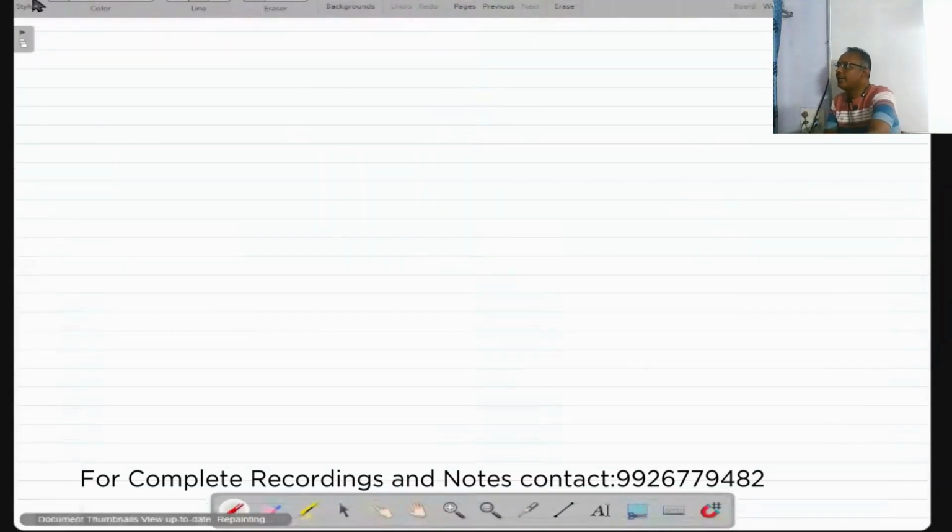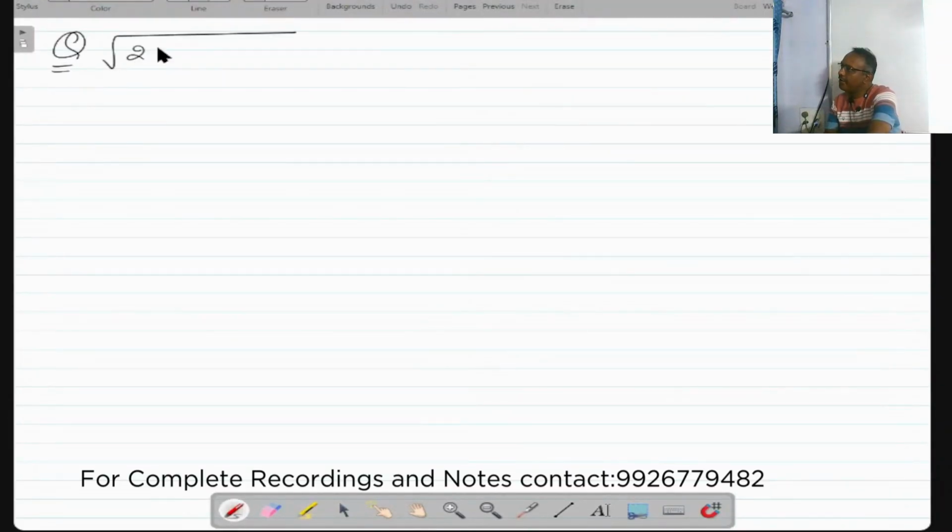Supposing I had a question and it is to integrate say root over 25x square minus 144. ठीक है, तो what is the method?